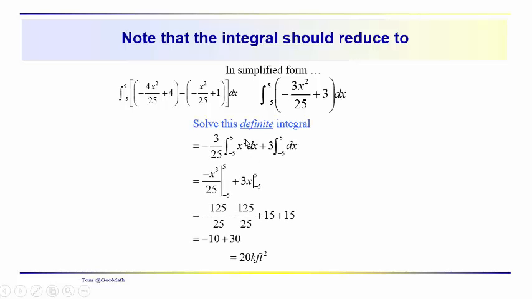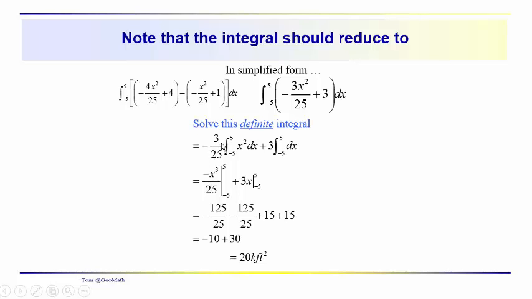And so let's take a look at the solution. We get minus 3 over 25 times the integral, and we're just distributing the integration here, of x squared dx plus 3, pulling the constant out again, and just integrating from minus 5 to 5 of dx. And so we have, evaluating this integral and evaluating this integral at the limits.